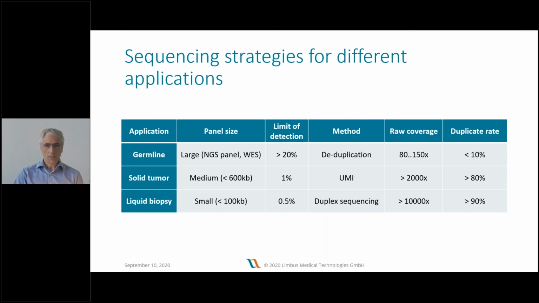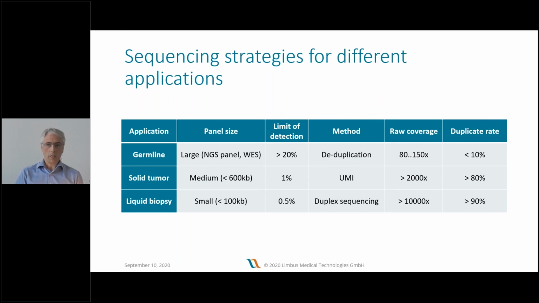To give you an overview of how we differentiate liquid biopsy applications from other applications in next generation sequencing. Well, the application that probably most people are familiar with is germline analysis of human DNA, where you expect variants to occur at a fraction of more than 20% of your reads.